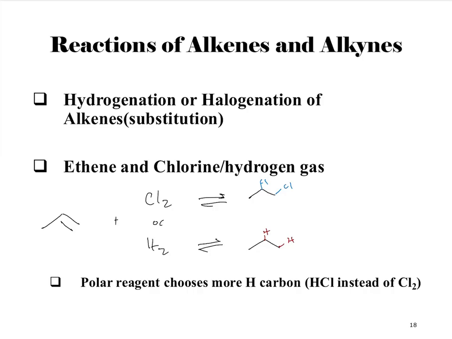However, if you use hydrochloric acid instead of chlorine gas, right, you can use HCl, that'll hydrohalogenate it as well. So there's halogenation, hydrogenation, and hydrohalogenation.